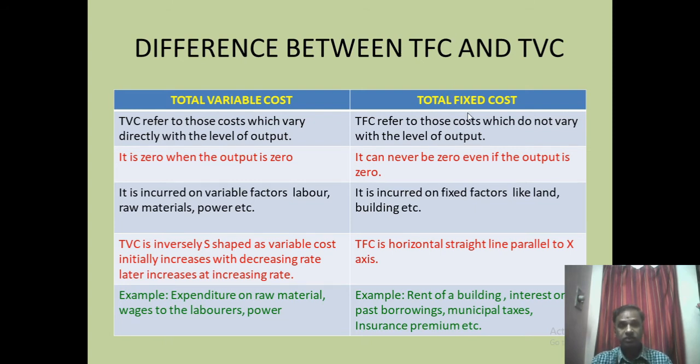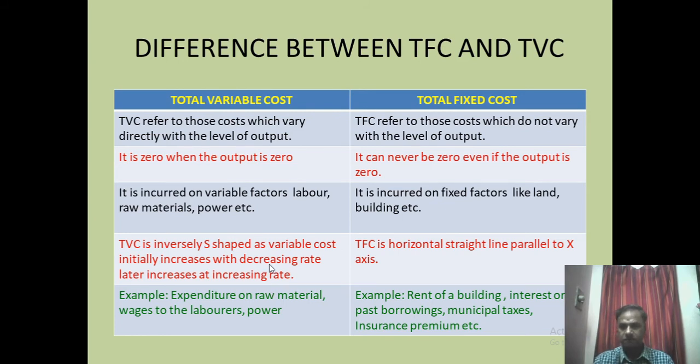The fixed factors exist only in the short period, and during the long period, all the factors are variable factors. TVC is inversely S-shaped as variable cost initially increases at a decreasing rate, later increases at an increasing rate. TFC is a horizontal straight line parallel to the x-axis.